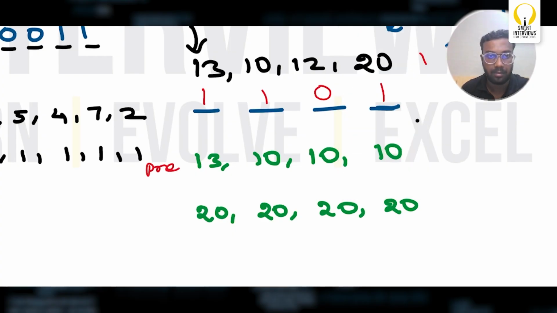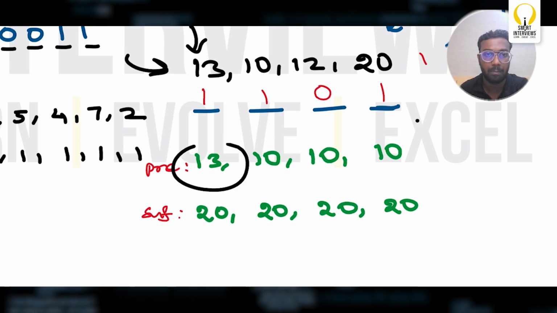This is prefix, this is suffix. Now 13 should match with either prefix of I or suffix of I. That is, A of I should match with either prefix of I or suffix of I. Alright? Or if it doesn't match, it will be 0.